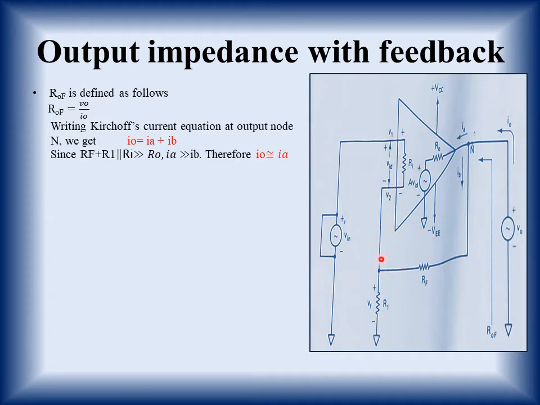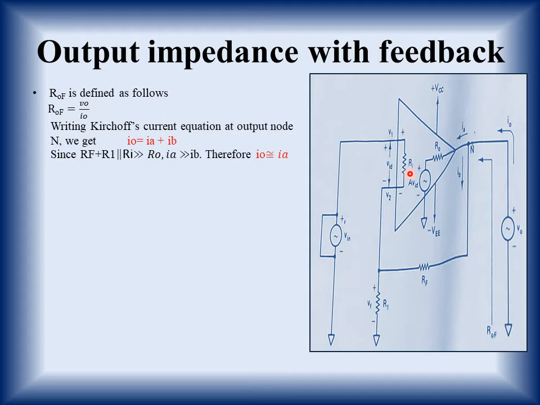Also, if we readjust this circuit, we find that Ri is in parallel combination with R1. Ri is already a larger quantity, since we have defined that the operational amplifier's input impedance or input resistance is very high.